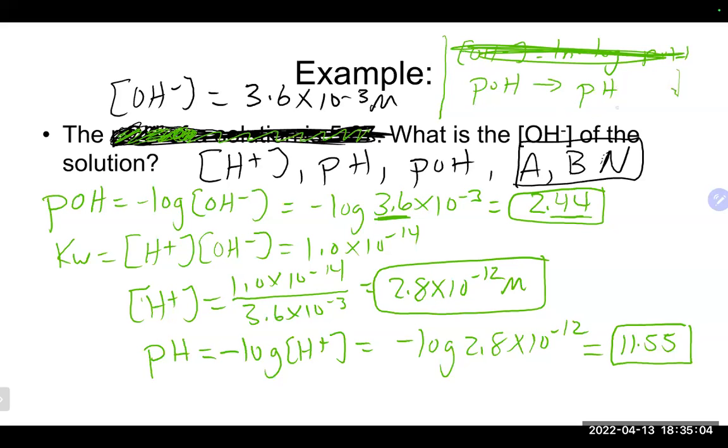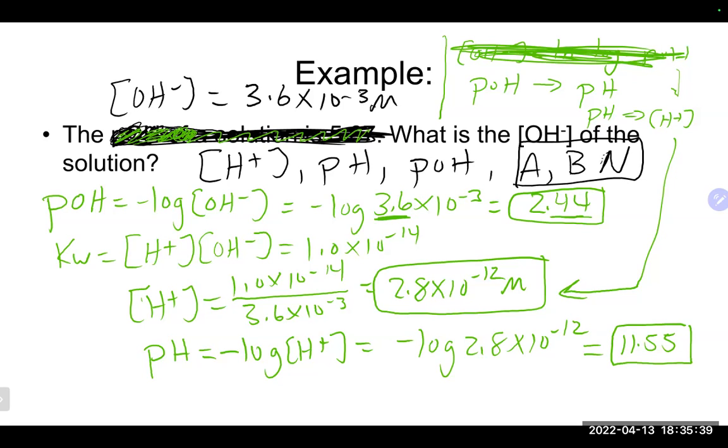You could take the pH to calculate the H plus concentration, by doing the inverse log of the minus pH. Again, you might get a slightly different number depending on rounding, but it should be in that same ballpark. Any questions on how to calculate any of these things? As you can see, multiple ways you could go. Just choose the correct path and go that way.